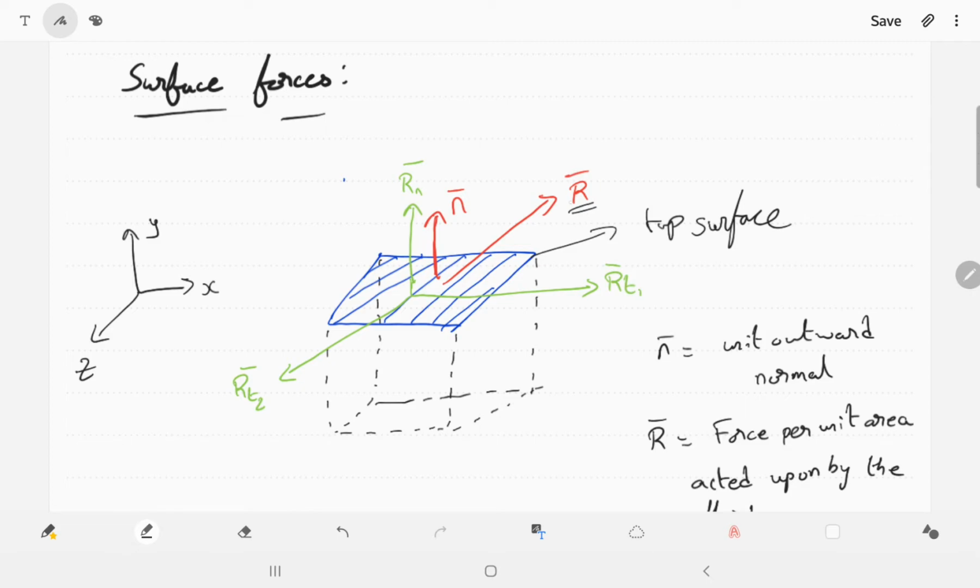Now this force r can be resolved into its components based on the unit normal and the coordinate system, that is Rn, which is along the direction of the unit normal acting on the surface, and Rt1 and Rt2, which are known as the tangential forces. Here Rn is the normal force.